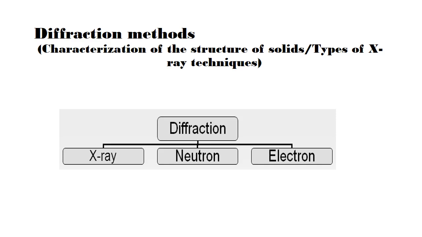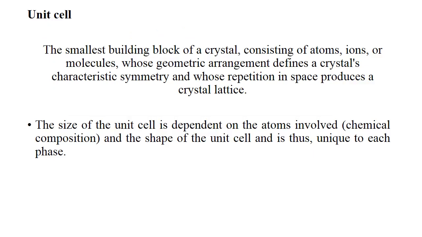In powder X-ray diffraction, the material being studied should be in polycrystalline form, meaning in powder form. And in single crystal X-ray diffraction, the sample is a single crystal of dimensions of several tens of micrometers or larger.